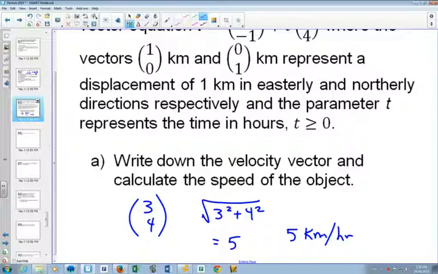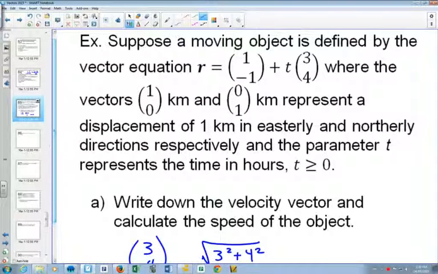Because when time is 1, can you visualize it? Can you see 1, -1? And if t is 1, it will go over 3 and up 4. It will travel 5 units. In this case, it's kilometers in 1 unit of time, so 5 kilometers per hour.